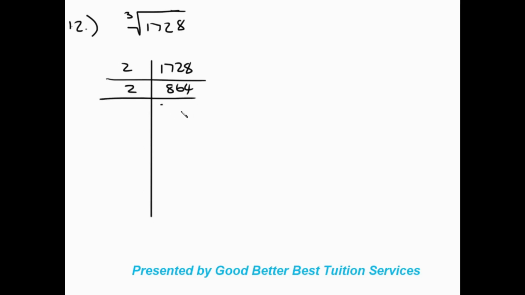So that's the first thing we're going to do, the ladder method to find the prime factors. So 1728, now we can divide it by 2, and we're going to get 864. We divide by 2 again. Sorry, my bad. It's going to be 432.